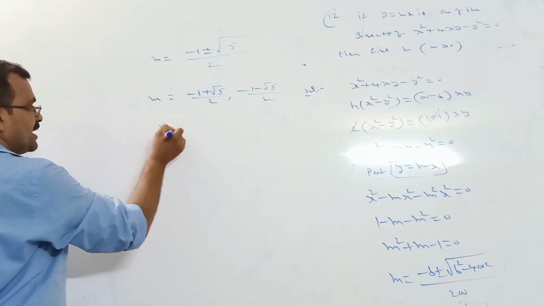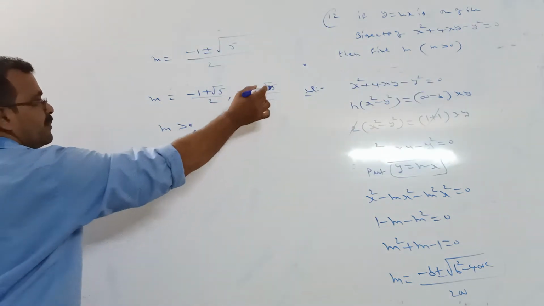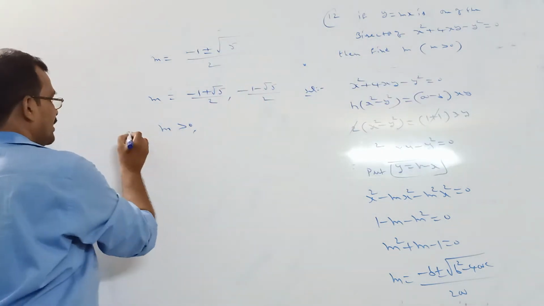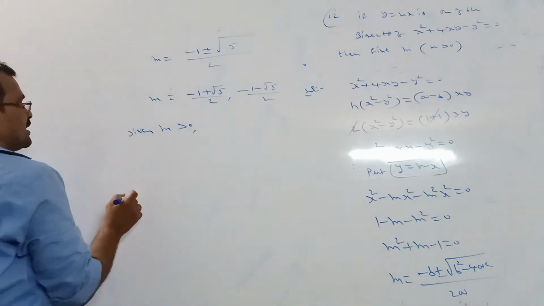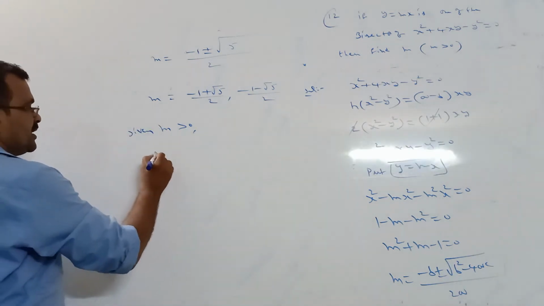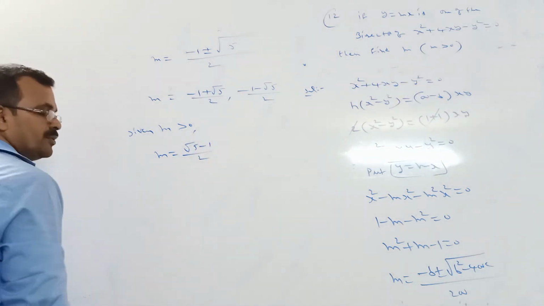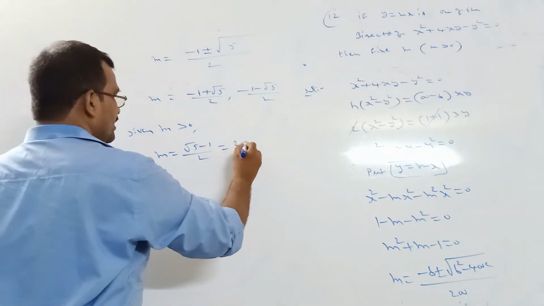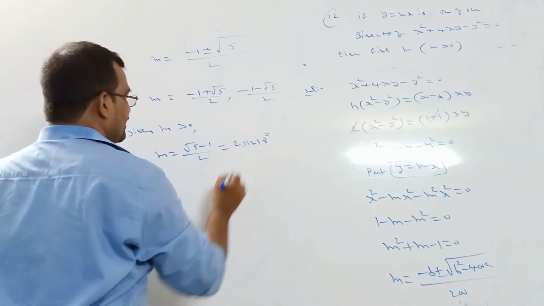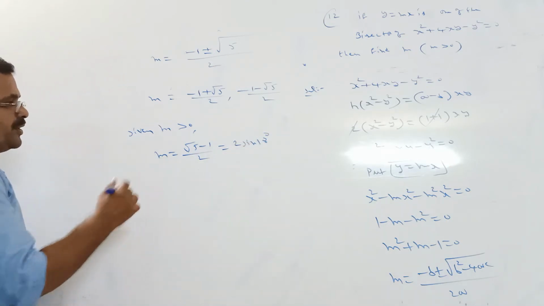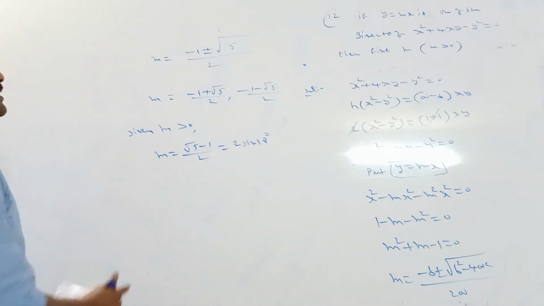But given that m is greater than 0, the second is purely negative. So we should take m equal to (root 5 minus 1) by 2, which is nothing but 2 sin 18 degrees.